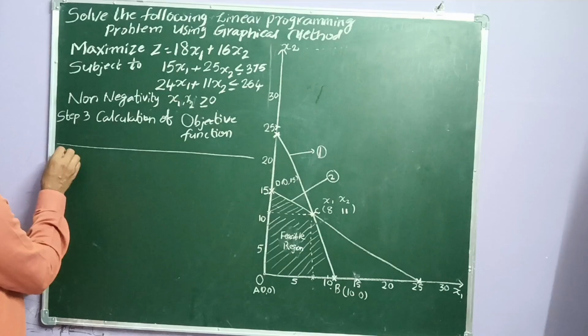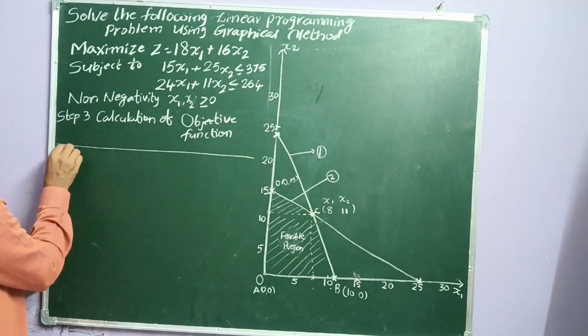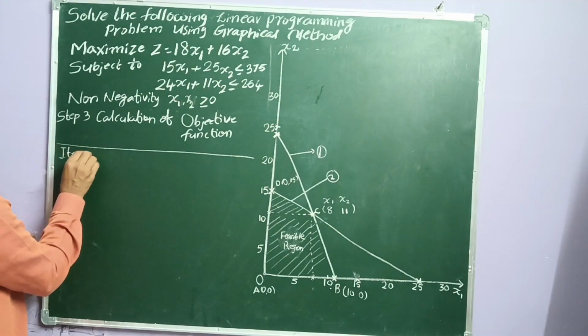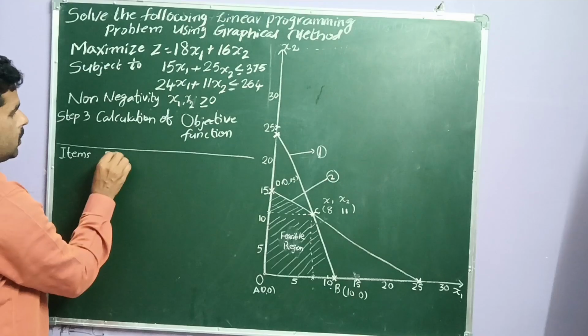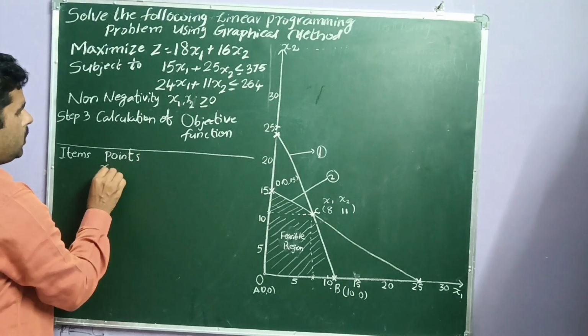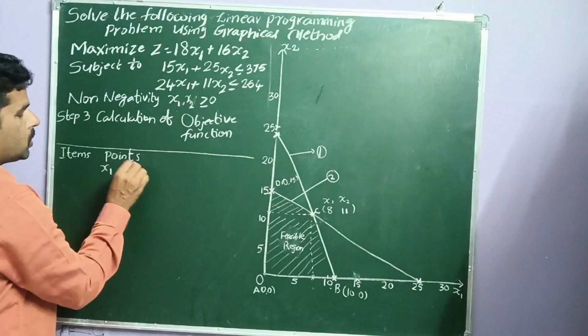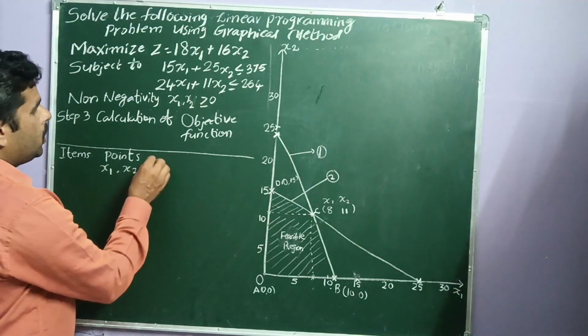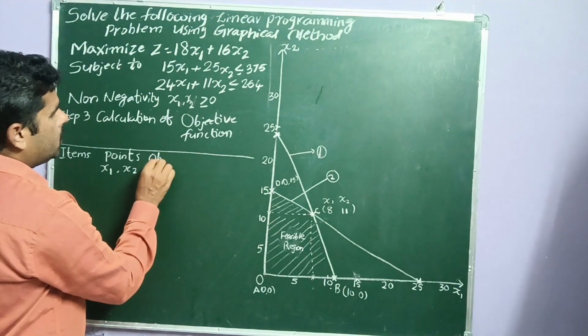In the objective function table, the first column is items, then points, that is x1 comma x2, then objective function.